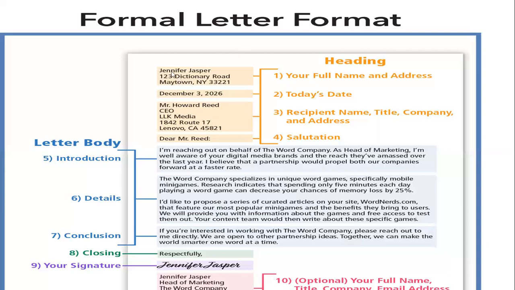As you know, the first part is the heading, and the heading includes the name of the writer, address of the writer, and then we give space and the date, then the recipient's name to whom you are writing a letter. Normally it is an authority, some officer.